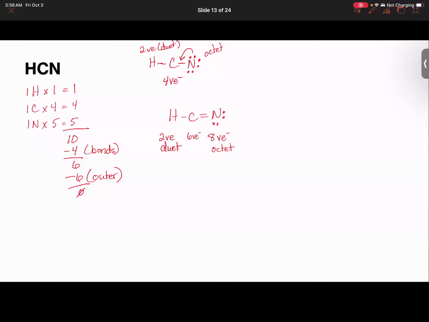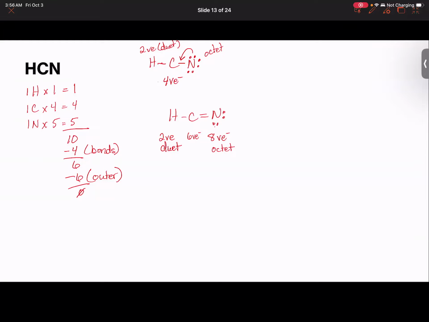It has 2 within the single bond to the hydrogen, and it has 4 within the double bond to the nitrogen, making a total of 6. Carbon still does not have an octet, and therefore this structure is not complete because every atom must have a minimum of an octet except for hydrogen, which has to have a duet.